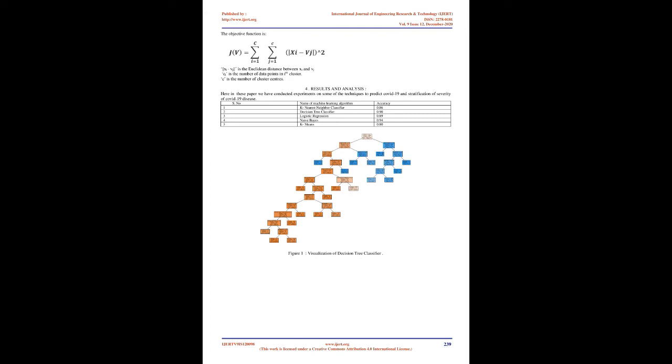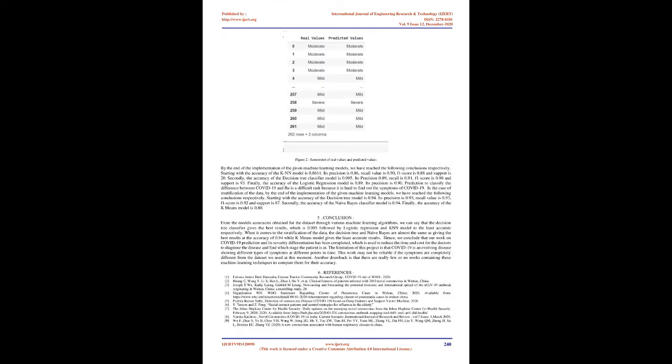Mathematically, a logistic regression model predicts P(Y=1) as a function of X. Logistic regression equation: P(x) = P(Y=1|x), y = e^(b0 + b1x) / (1 + e^(b0 + b1x)).